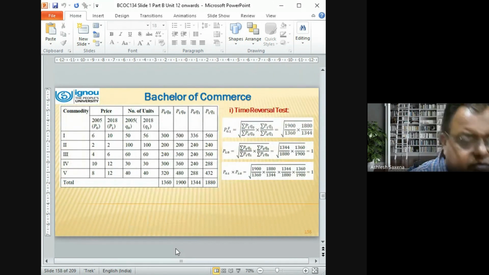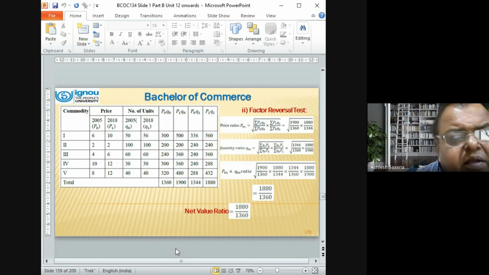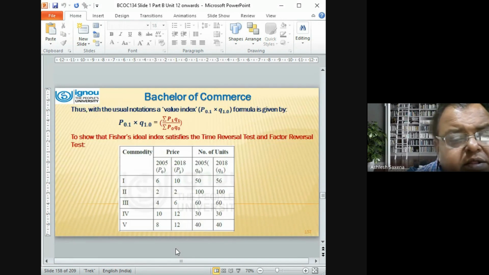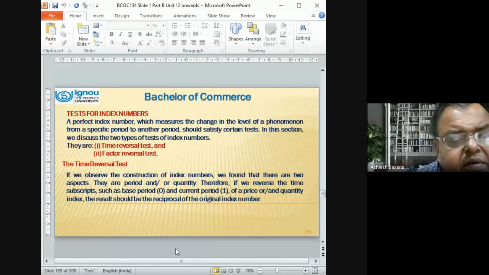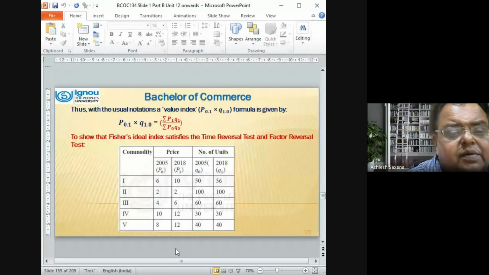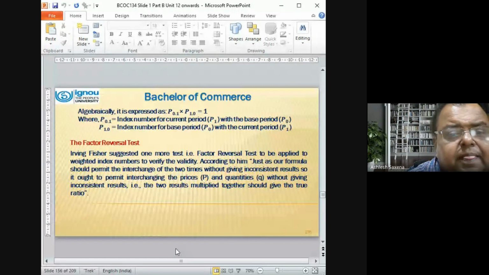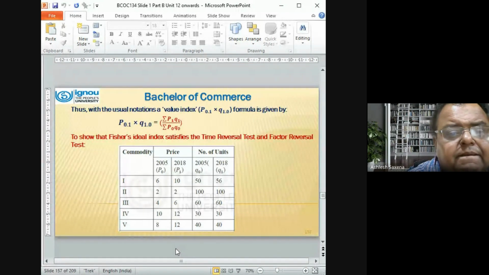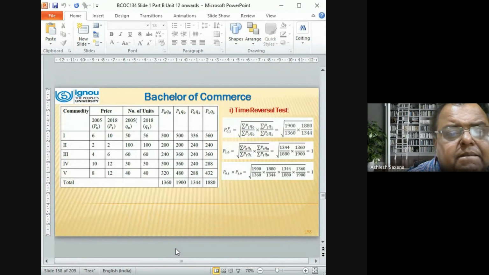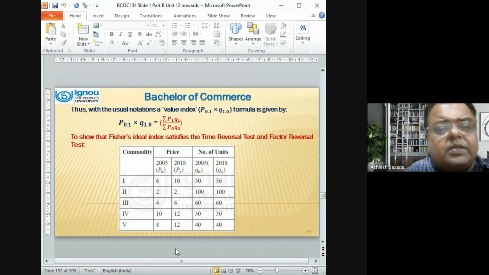Now you see how this relation at the right is derived. We are given with, this is the problem.